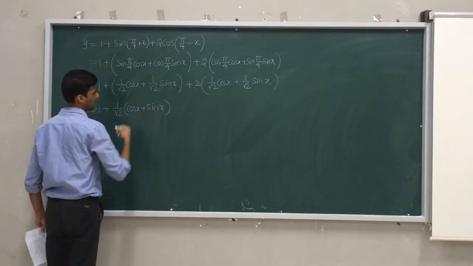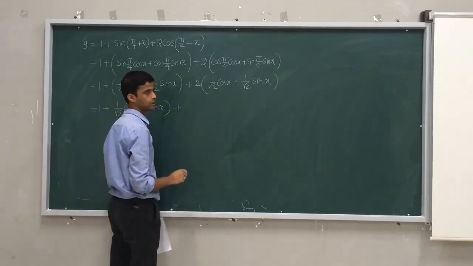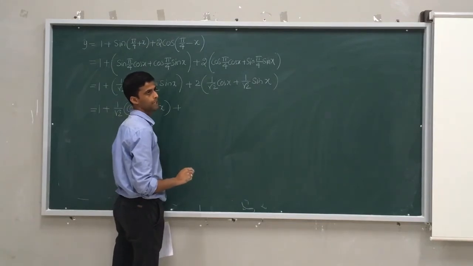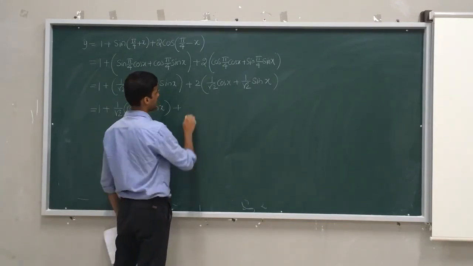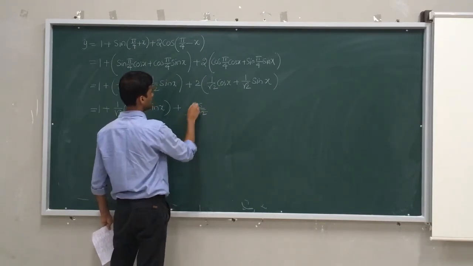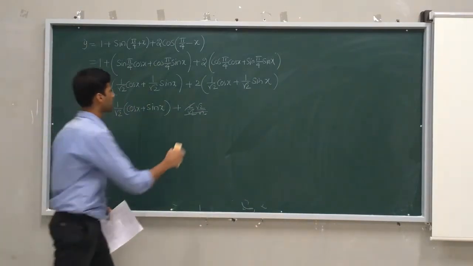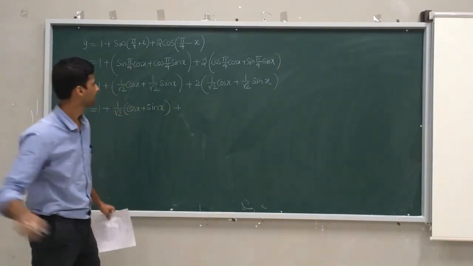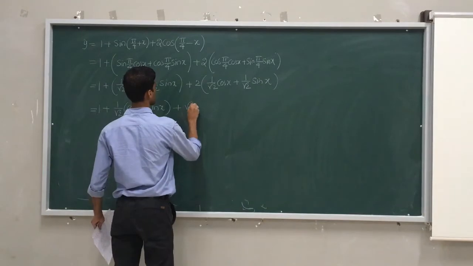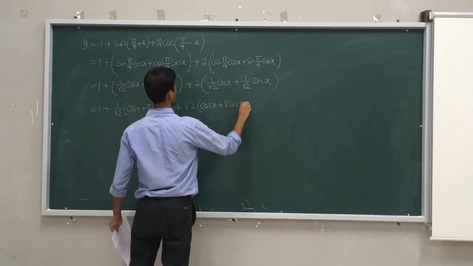We'll check what will happen later. When I multiply here, it is 2 by root 2. When I rationalize 2 by root 2, it becomes root 2 by root 2. So the root 2 cancels, and we end up with root 2 cos x, which is nothing but root 2 times cos x plus sin x.